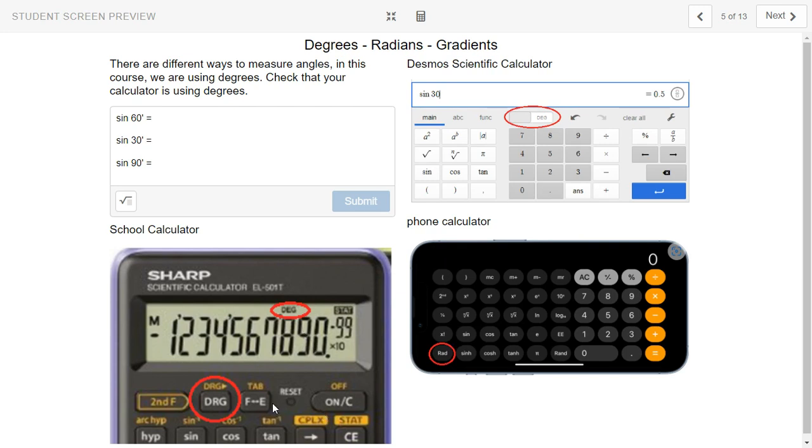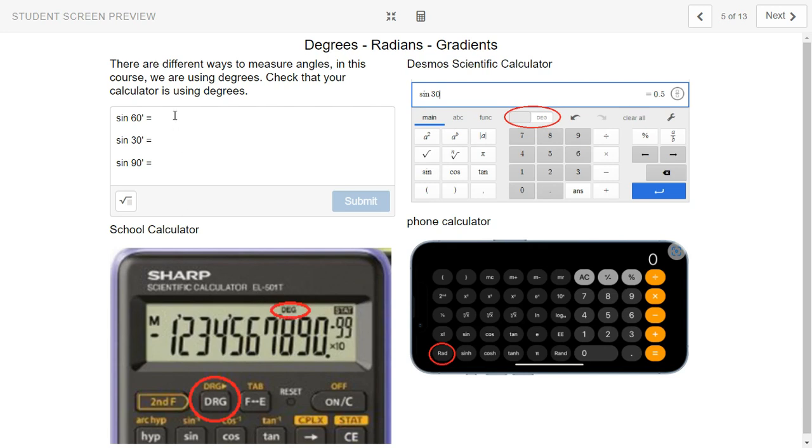If you're using one of the school calculators or a handheld calculator at home, you need to familiarize yourself with this button, DRG. That's for changing it from degrees to radians to gradients. And somewhere up on the screen, it'll indicate that you're in degrees. Often it says DEG, or it's a little box with a D in it.